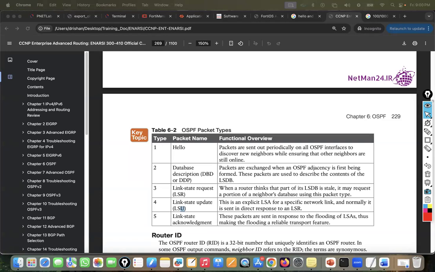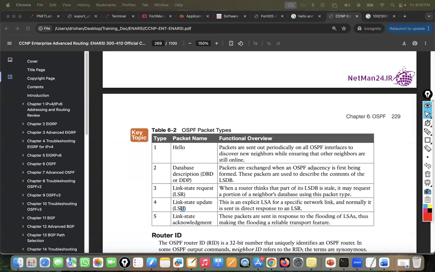If I discuss all the packets one by one, the hello packet itself contains very detailed information. In hello packets, it is going to contain multiple pieces of information when we build the OSPF neighborship. Likewise, it contains the area ID, your network mask, your area type, even the authentication parameters.